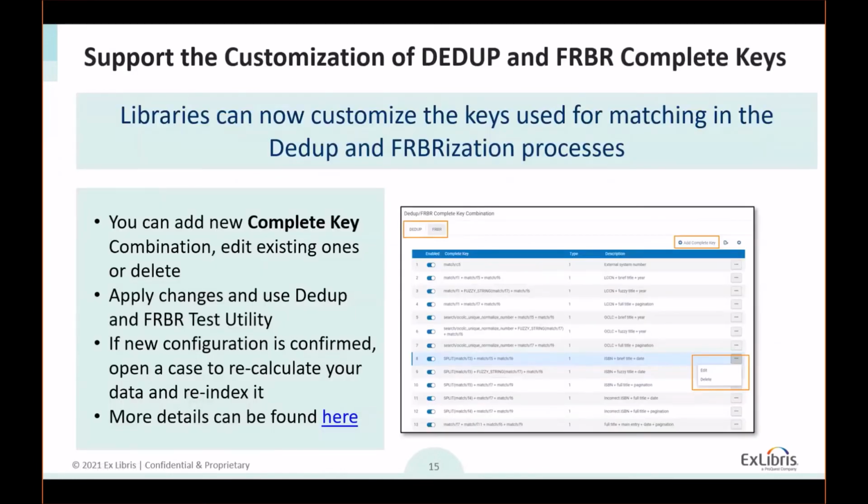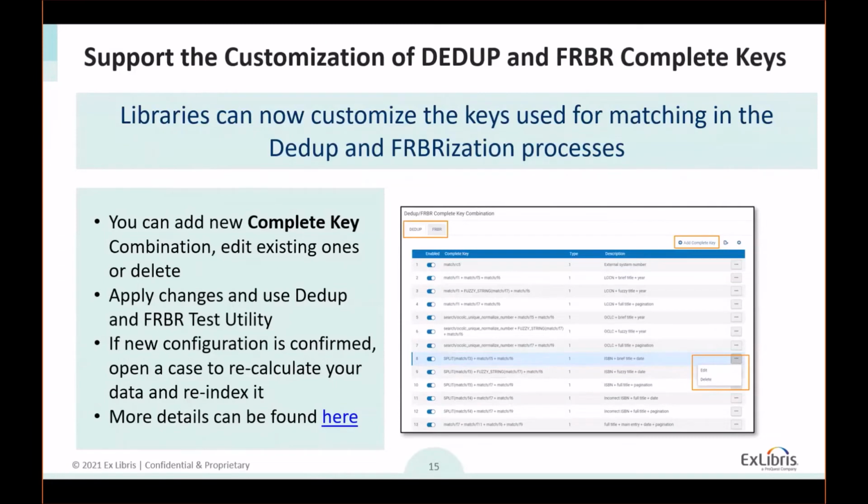Now, a dedicated slide for the customization of the dedupe and FRBR. We now open the configuration of the key combinations, the ones that help you do the matching in the FRBR and the dedupe.